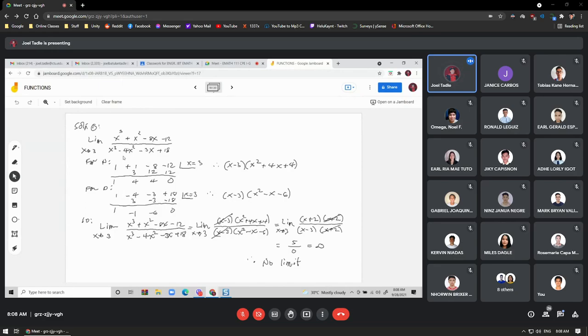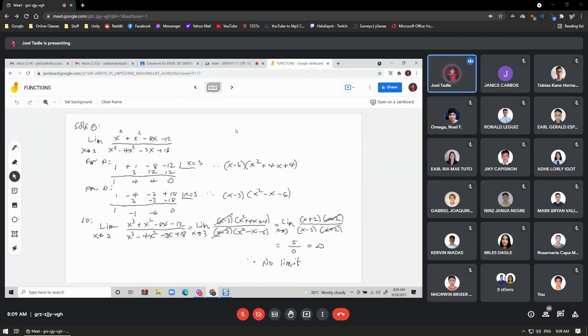Negative 36 plus 27 minus 9. No? Then negative 3 times 3 is 9. So minus 9 times minus 9 minus 18. Plus 18, 0. So dili na to magamit automatically ang theorem number 3.